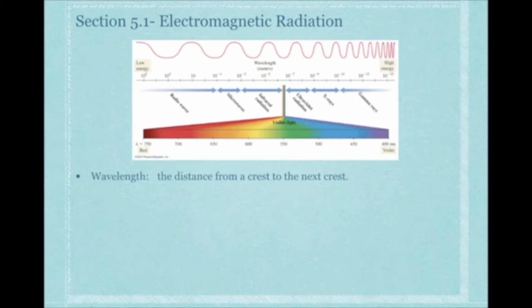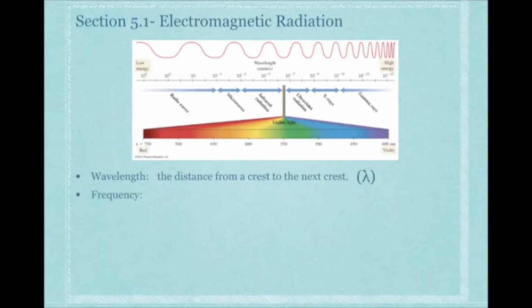The unit for that is going to be meters. The ones on the right-hand side have the shortest distance between those crests, those peaks, and so they have small wavelengths. The symbol for wavelength is that lambda symbol right there, and the unit is meters.